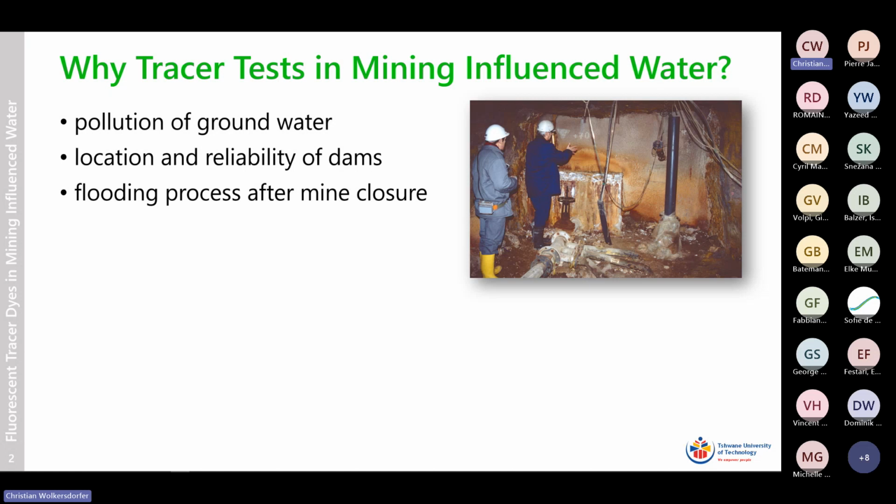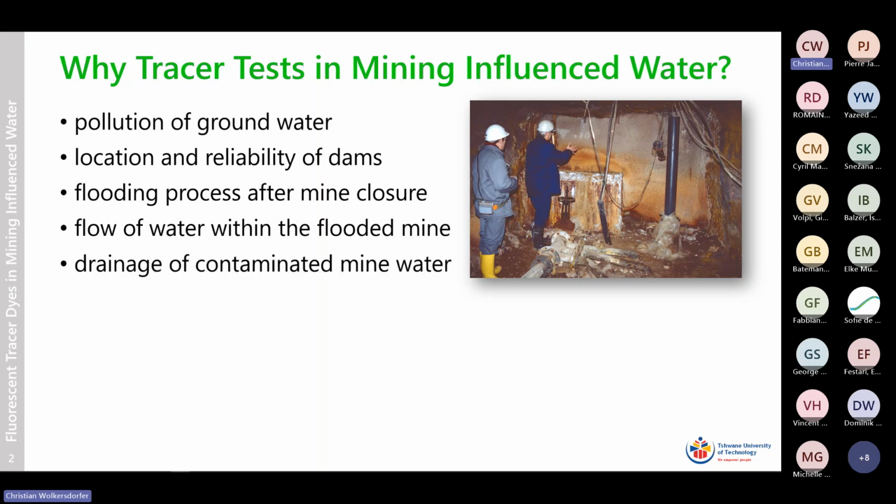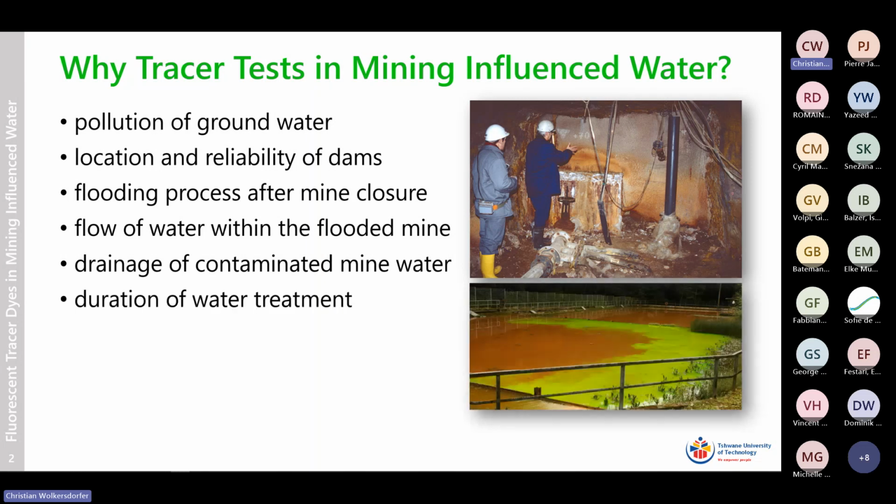So for the audience that is not familiar with mining, this explains what is going on inside a flooded underground mine. Then the flow of water within the flooded mine, which is a little bit comparable to the caves. Then drainage of contaminated mine water, and the duration of water treatment.